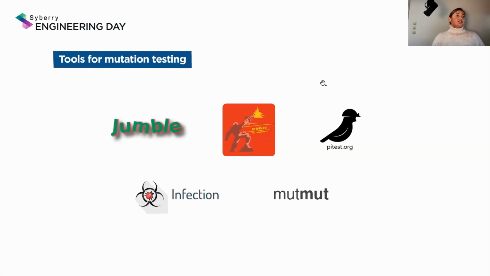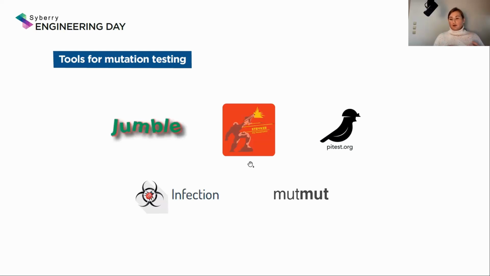Next, you can see different mutation testing frameworks. In the industry, there is a bunch of mutation testing frameworks. They are written for different languages. For example, PIT is for Java and all Java-based languages.